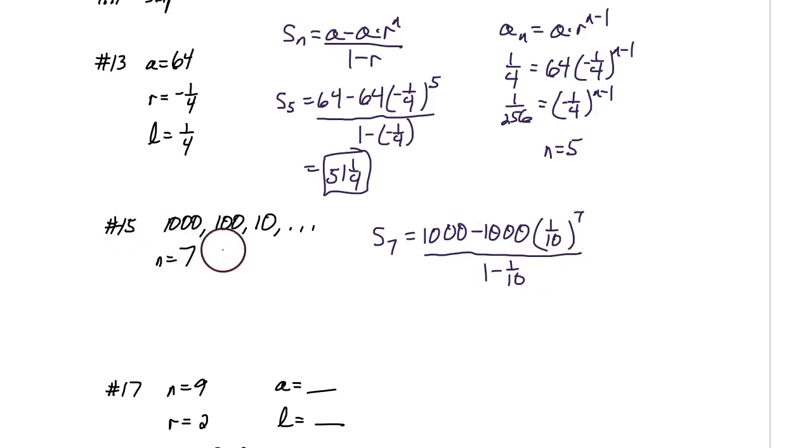The reason r is 1/10 is because that's what you multiply by to get from this term to the next term. Now type that in your calculator. The result is 1111.1 repeating, or that would be the fraction 1/9.